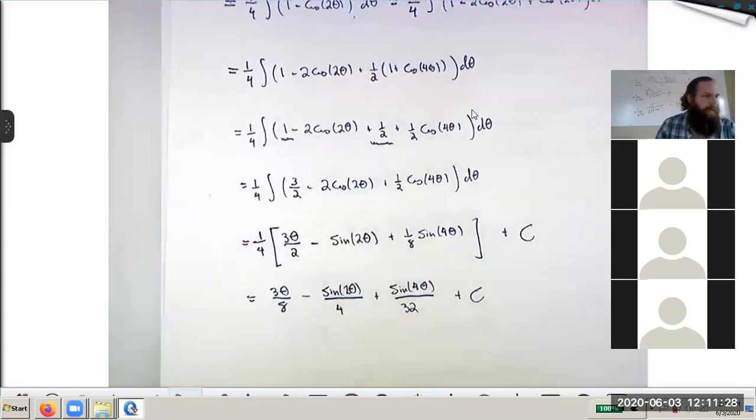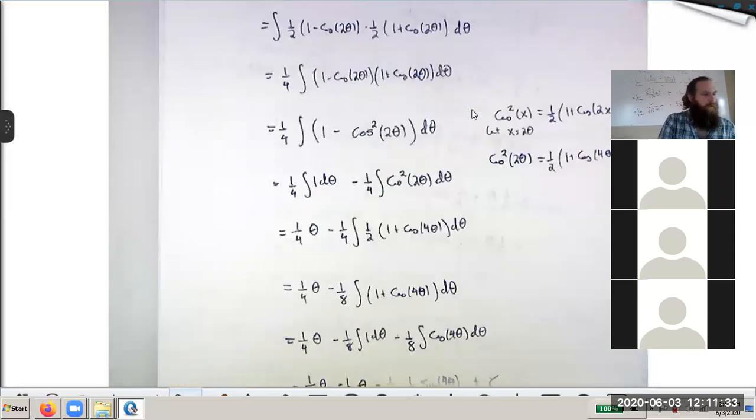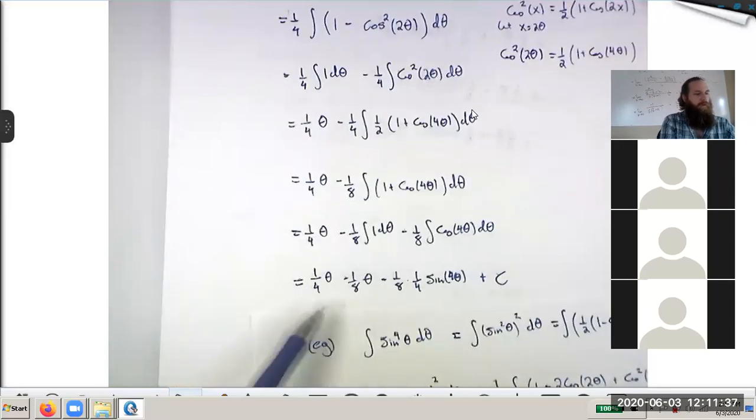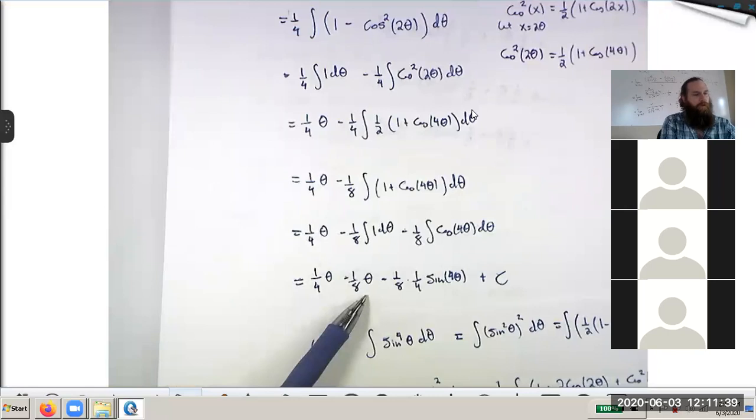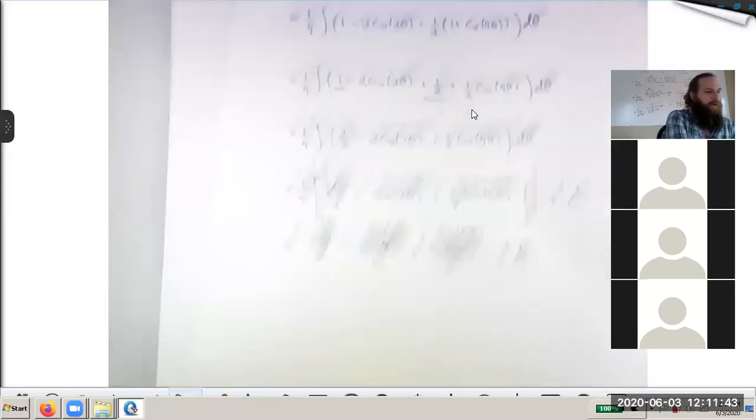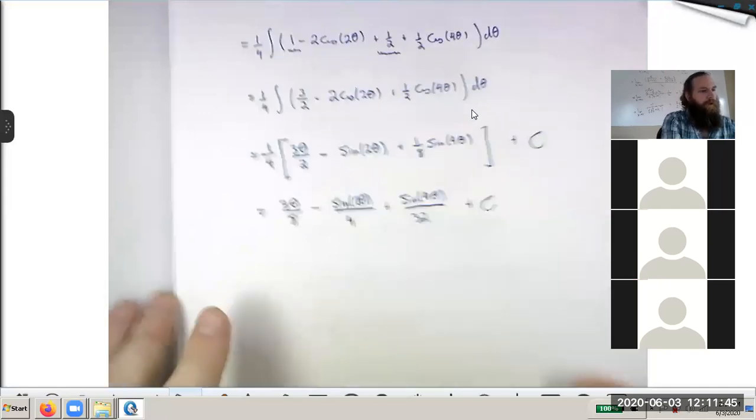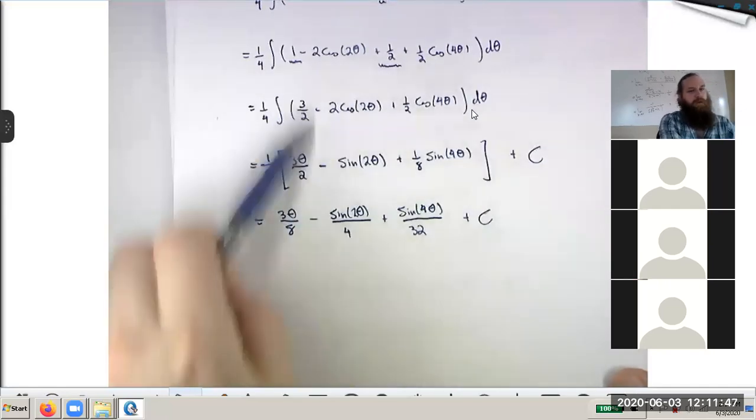Compare this to the problem we just did, where at the very end, I had a 1/4 theta minus a 1/2 theta. Both of those came from integrals of constants. Instead of combining them at the end, I combined them here inside a single integral.